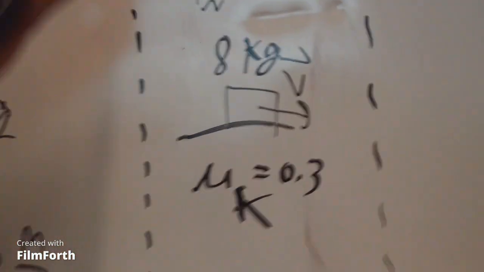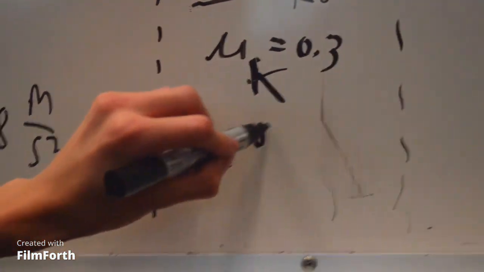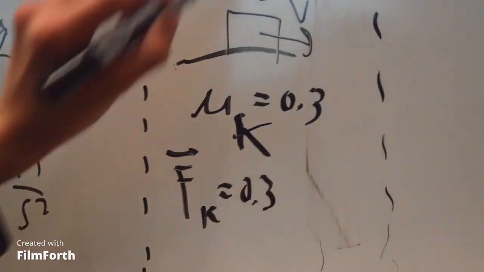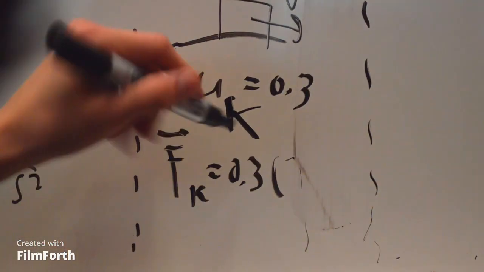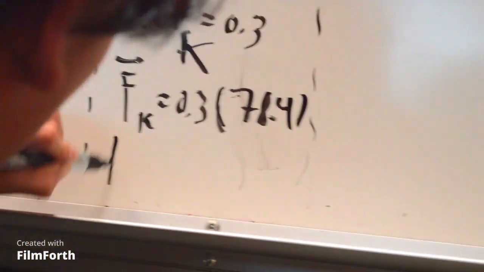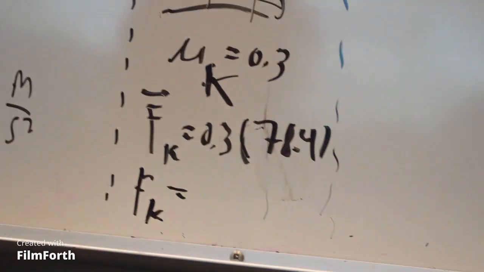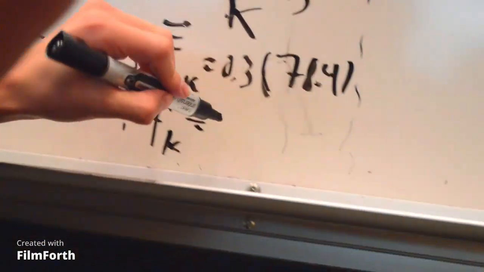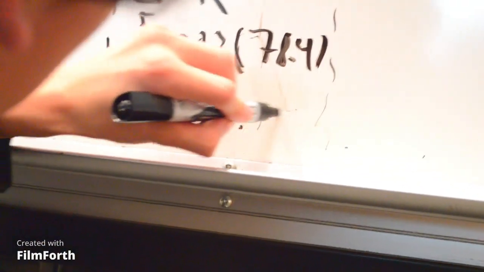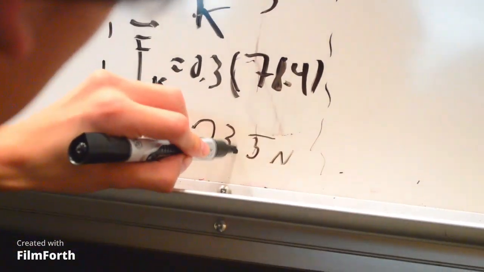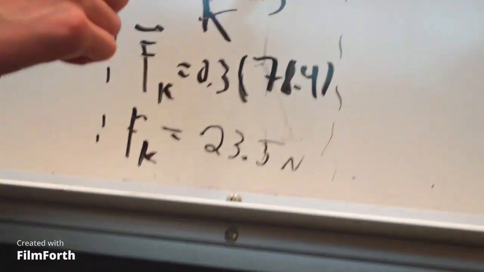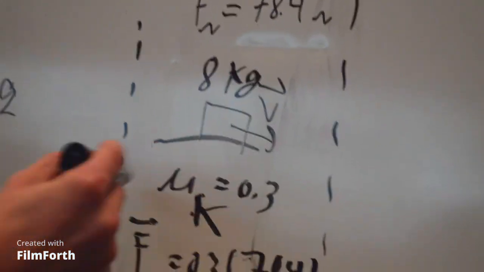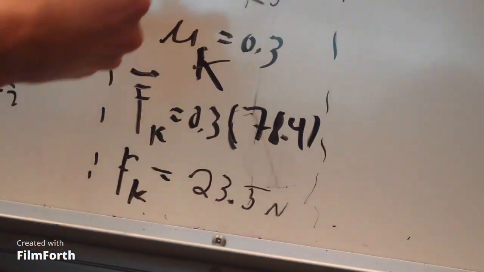Okay, now that we have that, we can just write out Fk equals 0.3 multiplied by 78.4, which will give us 23.5 newtons. And in this case, because I see that the object's going east, and the force of friction always opposes the motion, therefore it's going west.